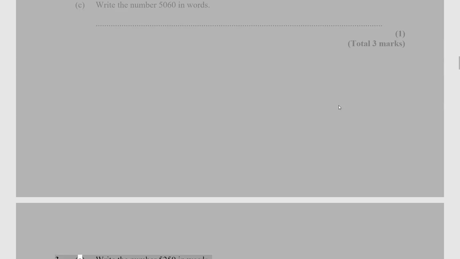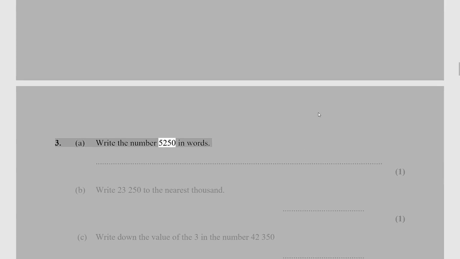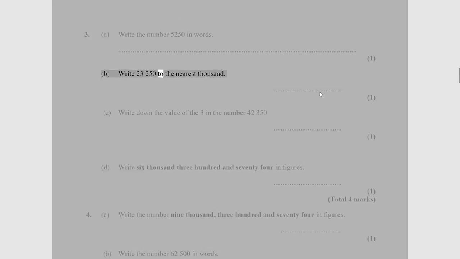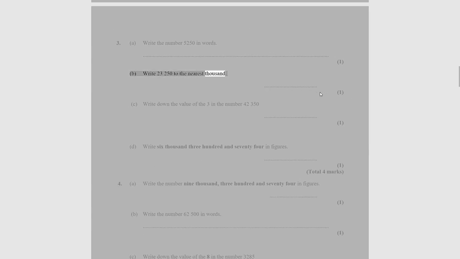3a. Write the number 5250 in words. 3b. Write 23,250 to the nearest thousand. 3c.